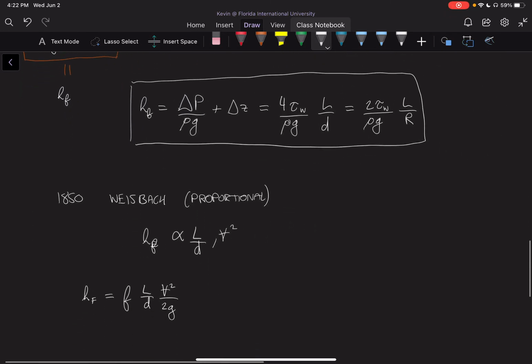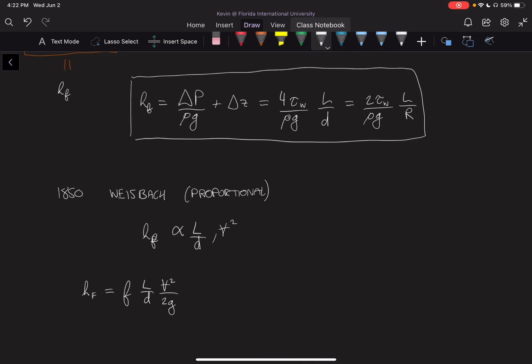So he took the above equation and did some experiments and found out that HF was directly related to L over D and to velocity, and he was able to rearrange HF into a factor times L over D times V squared over 2G.